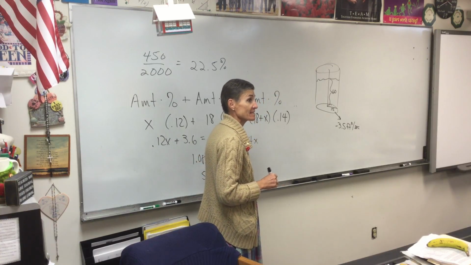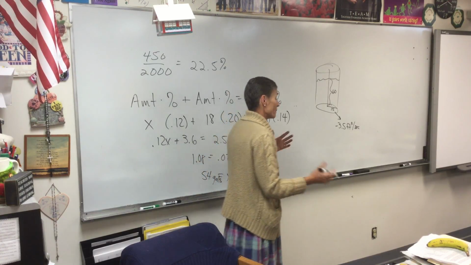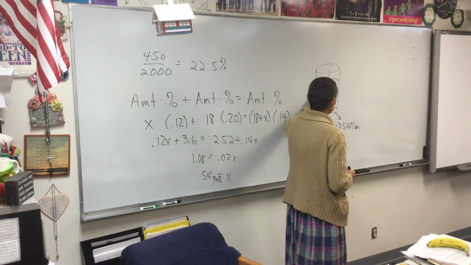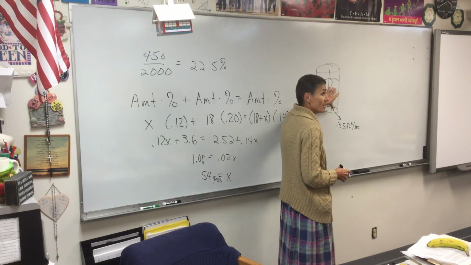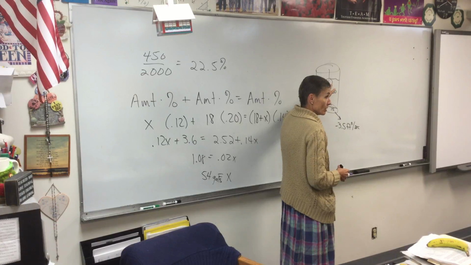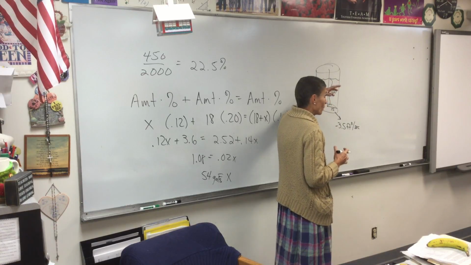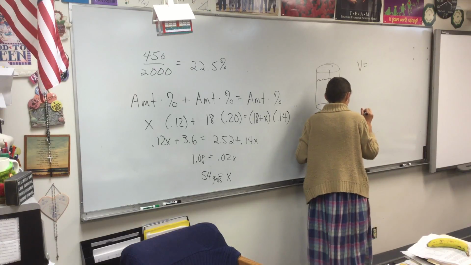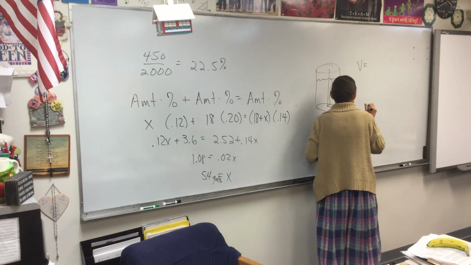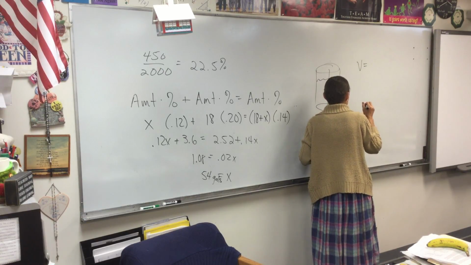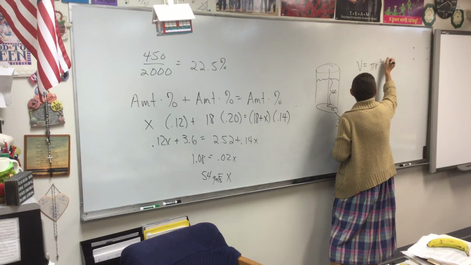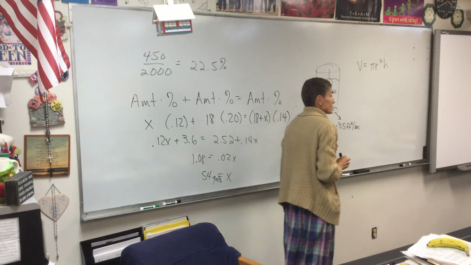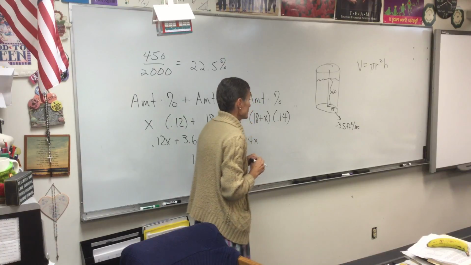The volume of gas that we have to start with, which may or may not be the volume of the whole cylinder, I don't know, but we got 60 feet of gas in there, and we are going to figure out what's the volume of that gas. So how do you find the volume of a cylinder? Pi r squared H. That is the volume for a cylinder.